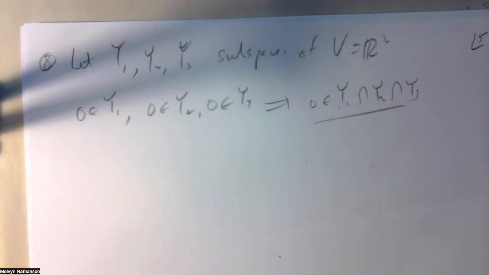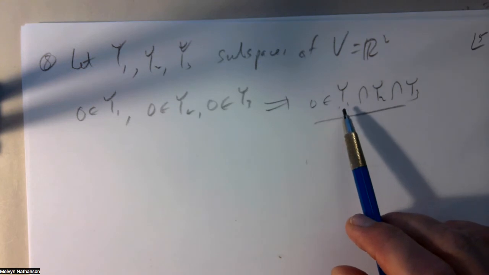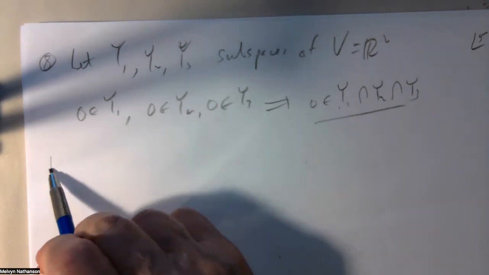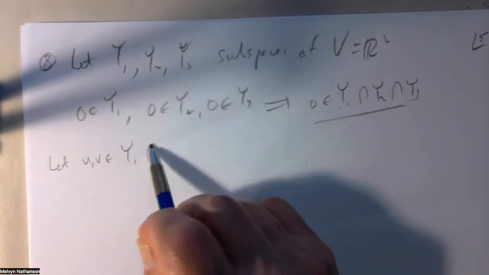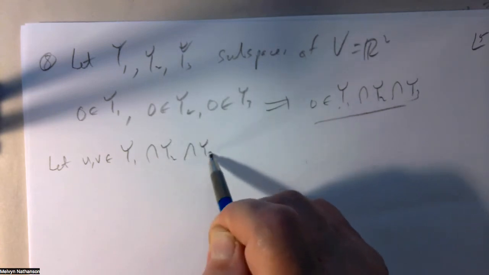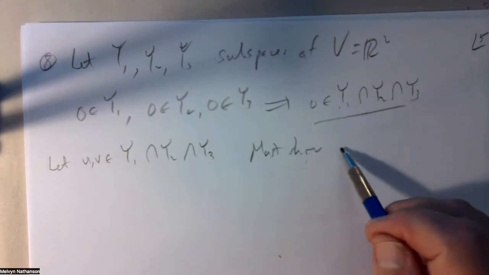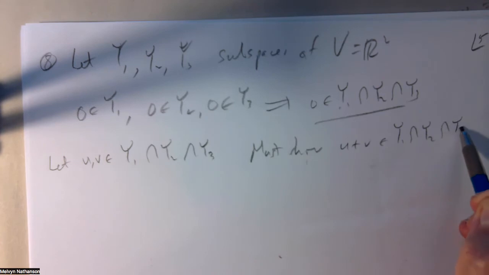Remember, a subspace is a subset of a vector space that contains 0 and is closed under vector addition and scalar multiplication. Suppose I take vectors u and v, which are in Y1 intersect Y2 intersect Y3. I must show that u plus v is in Y1 intersect Y2 intersect Y3.